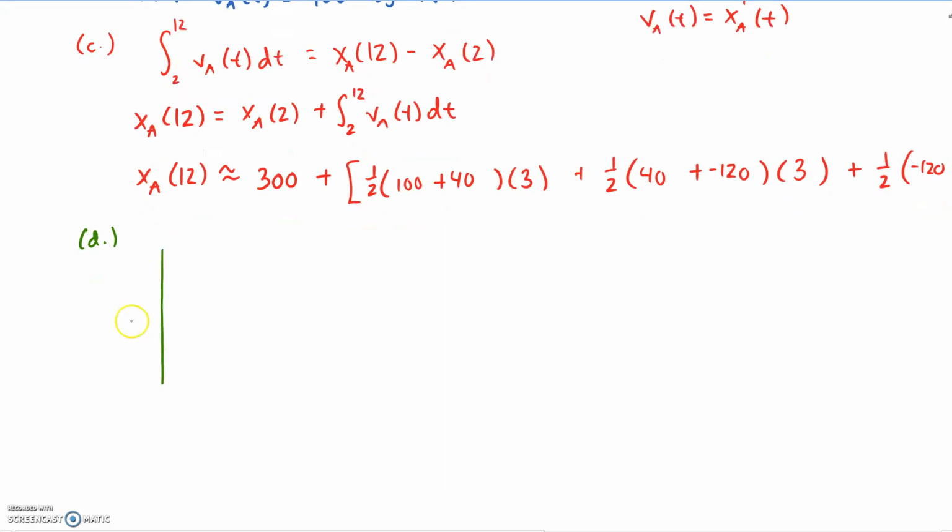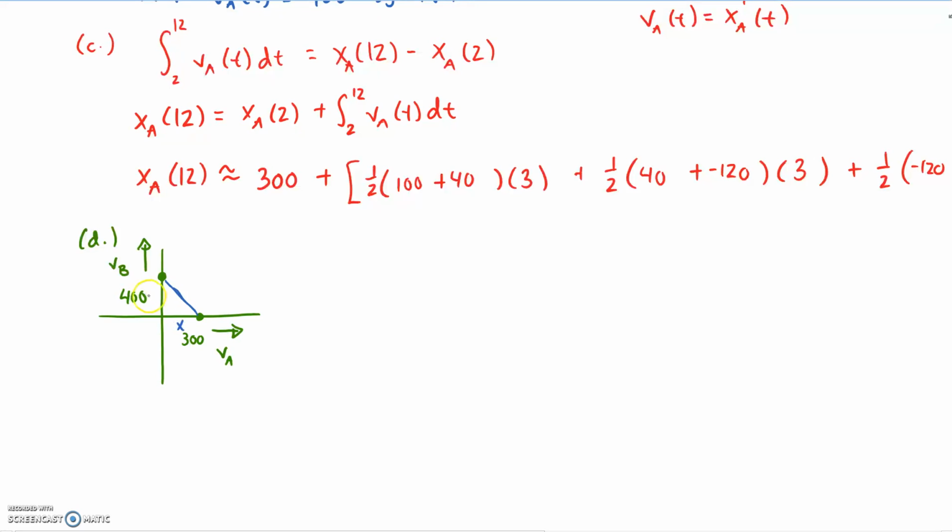So what we have is train A that is at a position of 300 at t equals 2, traveling east, and a train B, which is 400 meters north of origin station, traveling north. And it's asking for how the distance between the two trains is changing.